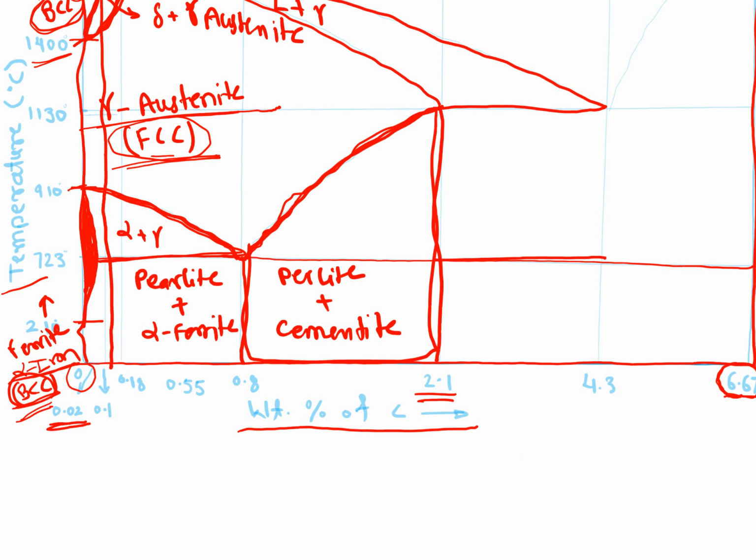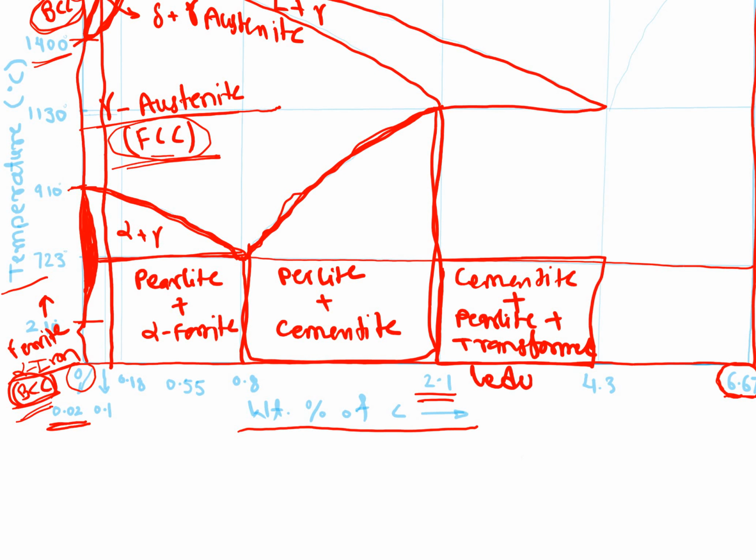This region, cementite plus perlite plus transformed ledeburite. This here is 4.3%. Okay, I have overwritten that. This will be cementite plus ledeburite.